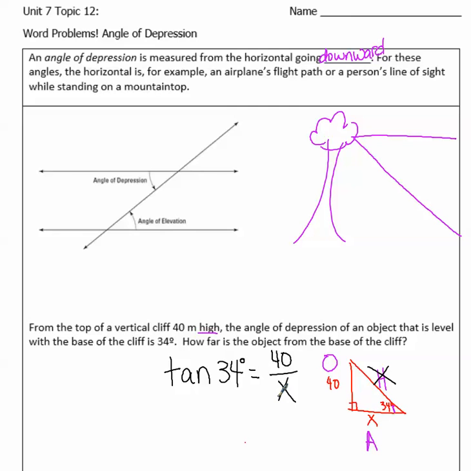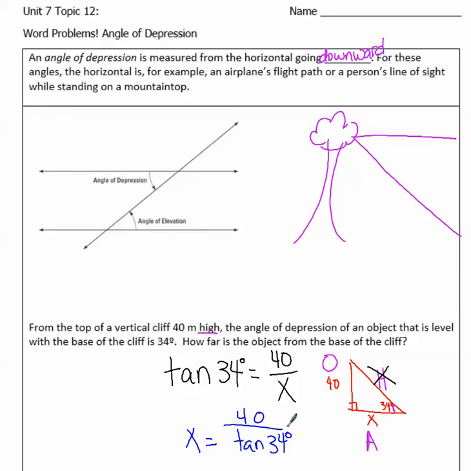You've learned that if you've got your variable on the bottom, you divide. So x equals 40 divided by tangent of 34 degrees.